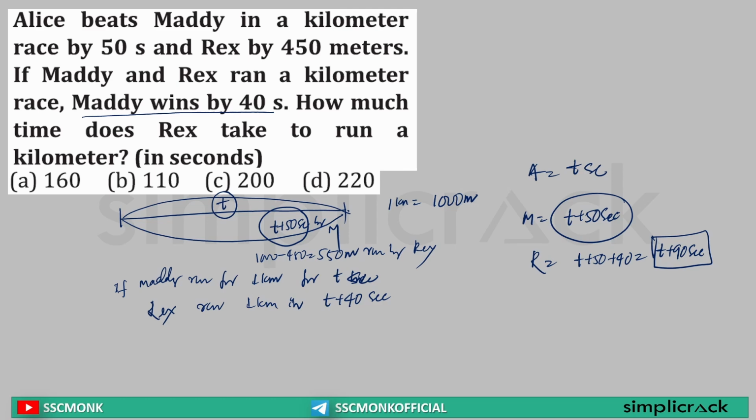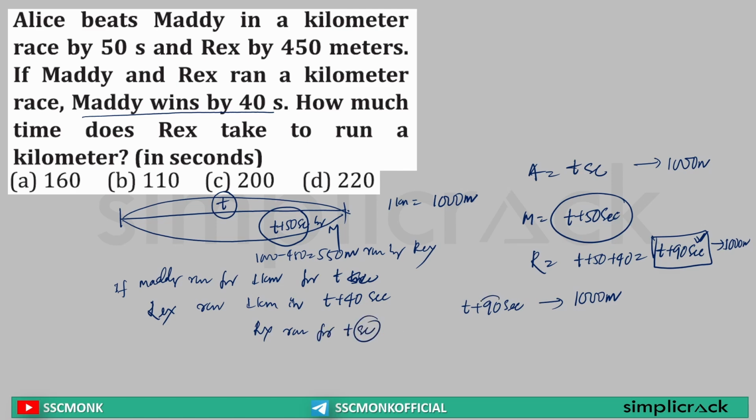Now what is happening? We know that in t plus 90 seconds, Rex covers 1000 meters, because all these persons are covering 1000 meters. So this is the time taken by Rex to reach 1000 meters.